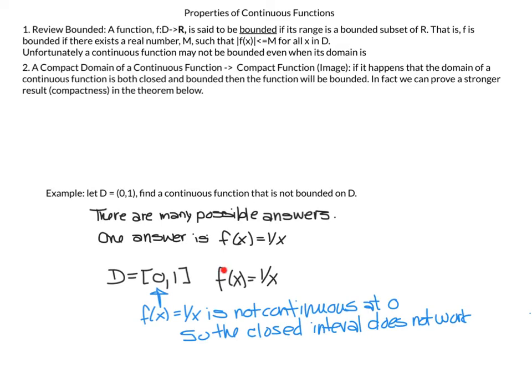So in this example, it doesn't work just to close your interval D in order to satisfy the condition that the domain of a continuous function is both closed and bounded, because f of x would not be continuous at x equals 0, and x equals 0 cannot be part of your domain. It would have to be an open interval.